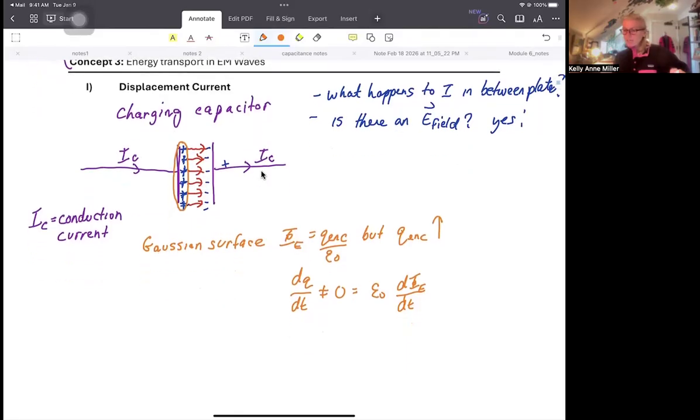Okay, so we could say that the current, for lack of a better word, between the plates, which is a theoretical construct, is not the same as the current going through the wire, right? So we would say that the conduction current is just dq/dt, and this is the current in the wire.